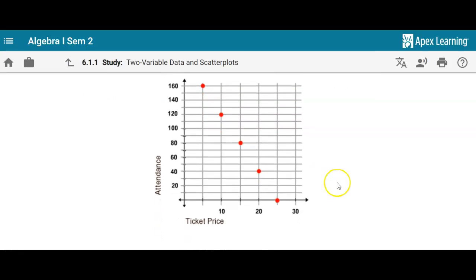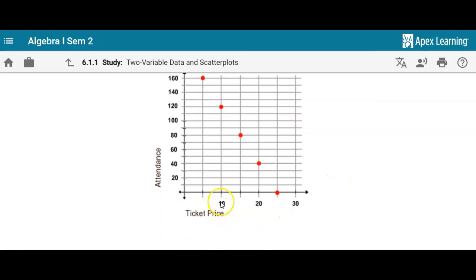Okay, so here when we look at it, the price of the ticket is the independent, and because of the price of the ticket, the higher that price went, the attendance changed, right? That's why attendance is the dependent variable, because it relies on the cost of the ticket.